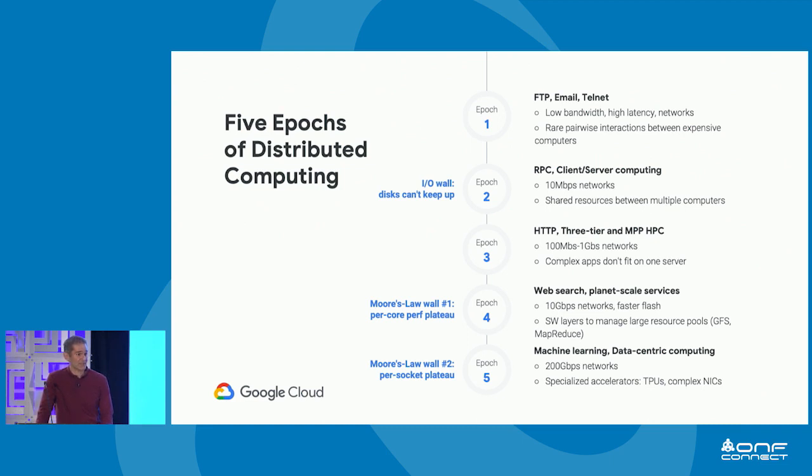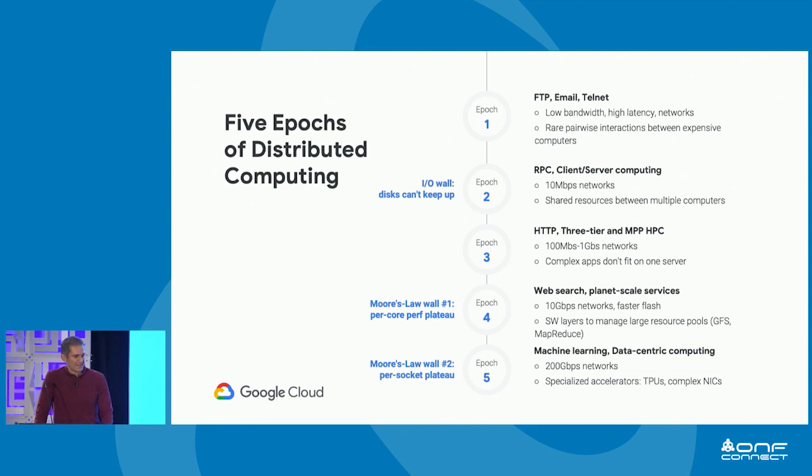Imagine a megabit and a half per second of bandwidth, 1.5 million bits per second. I remember how stunning that was to think about. There were rare pairwise interactions between expensive computers, with most of these interactions really human mediated. It was about email, about telnet, a human being typing at another computer, maybe having to upload files, etc.